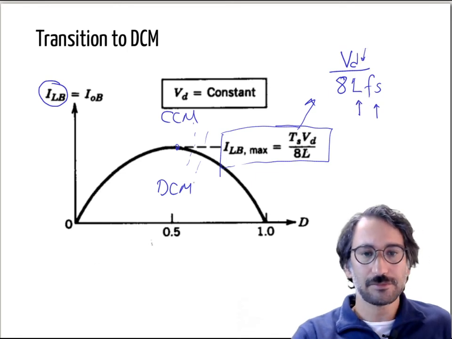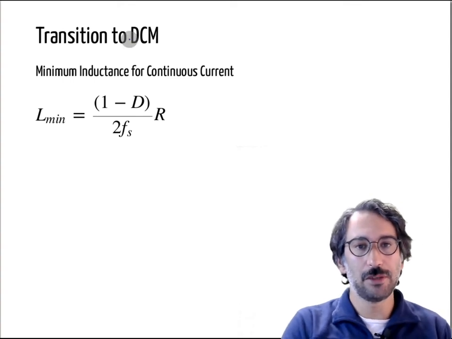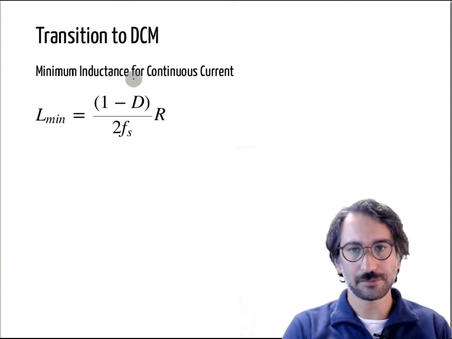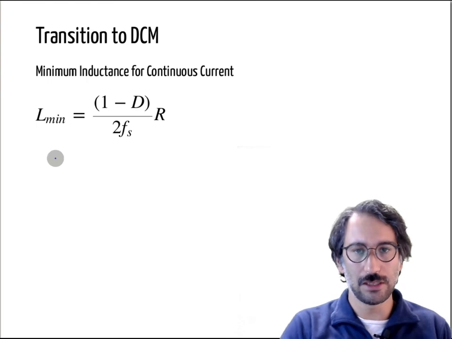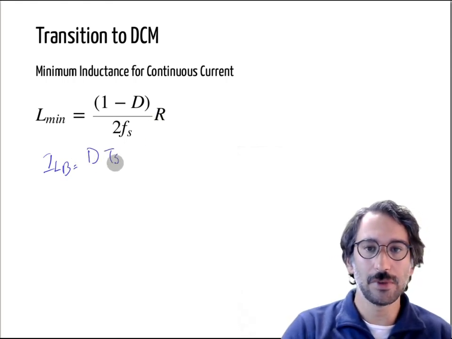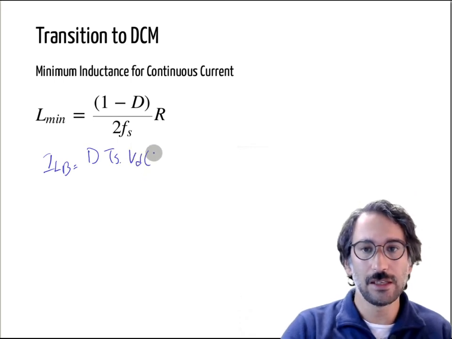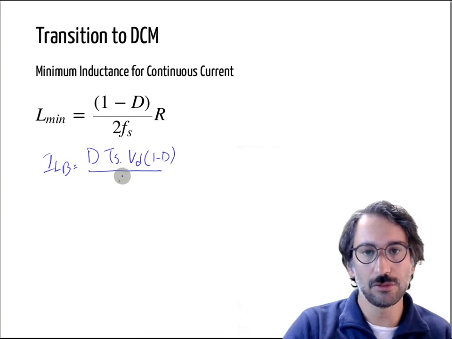There's also another relation between the minimum inductance that you should have for continuous current. From the previous slide, we know the boundary current is equal to D times TS times VD times 1 minus D divided by 2L, right?